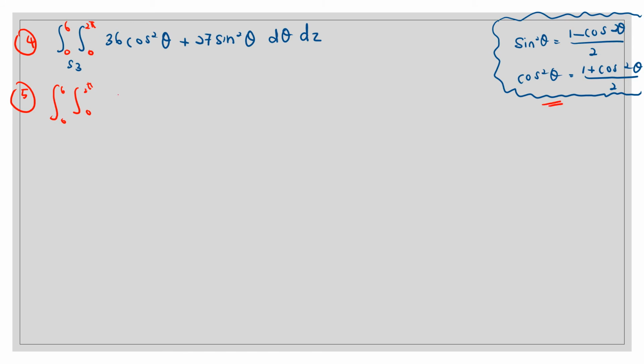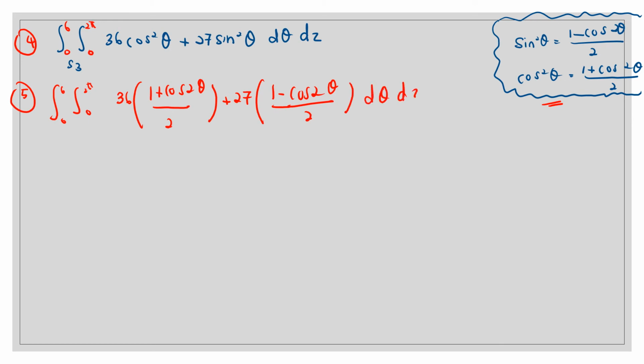So you will get here 36 times (1 plus cos 2 theta over 2) plus 27 times (1 minus cos 2 theta over 2) d theta dz.